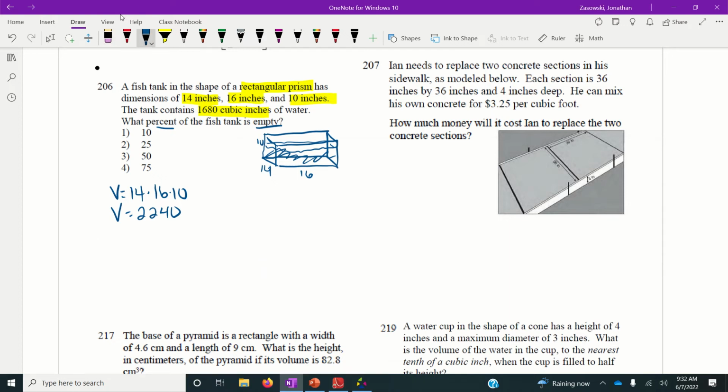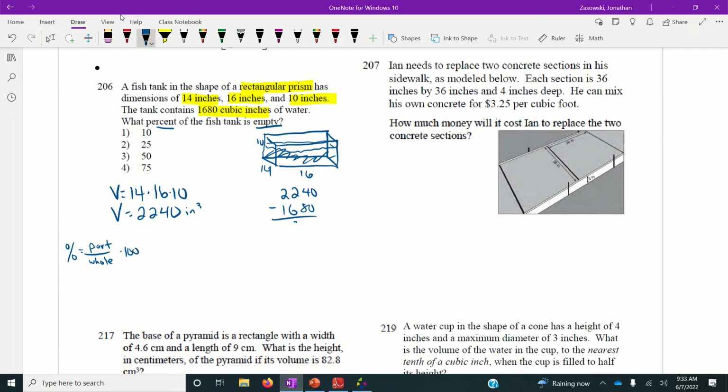We want to know if we fill it. Let's come back to this. We want to know the percent that's empty. So remember that percent is equal to the part you have over the entire amount, the whole, and then we multiply times 100. Keep in mind, we currently have 1,680 cubic inches of water in here. This thing can hold 2,240. So if we subtract these two numbers, this is what is empty.